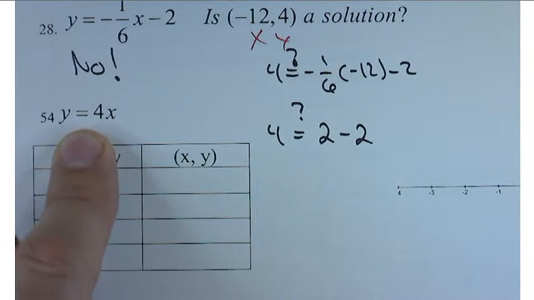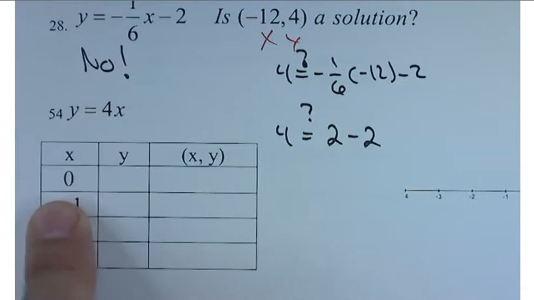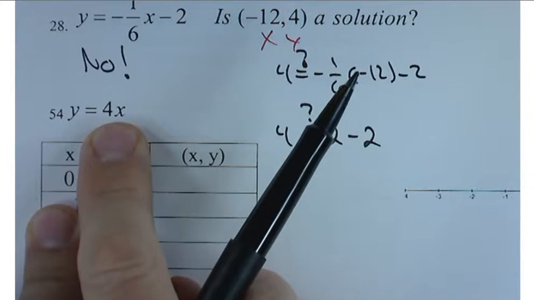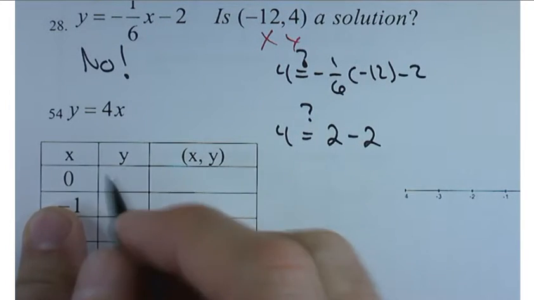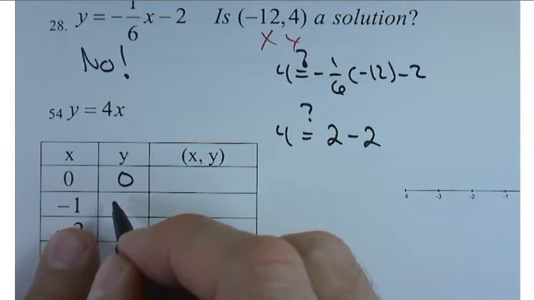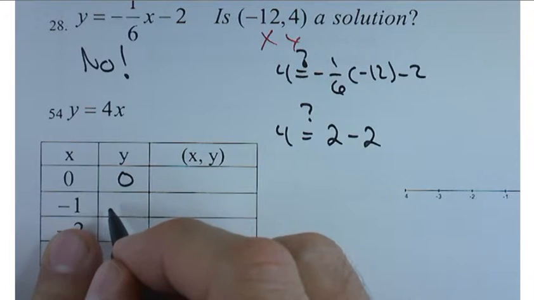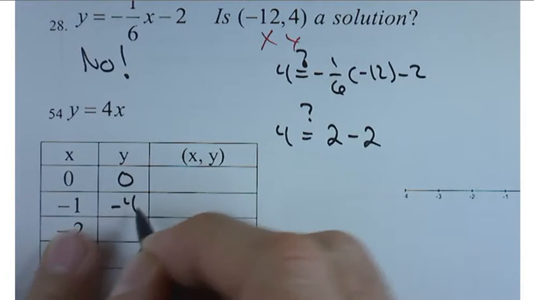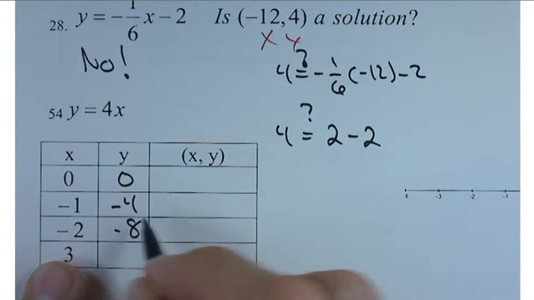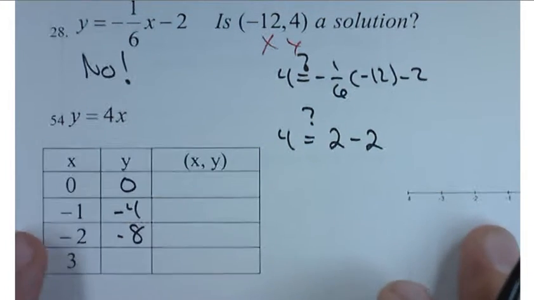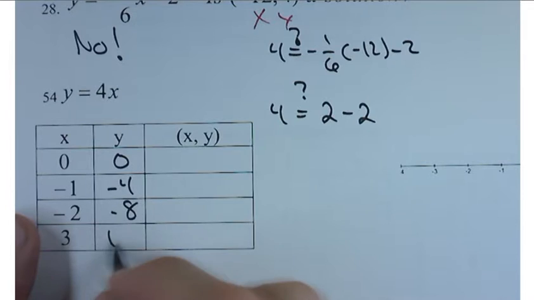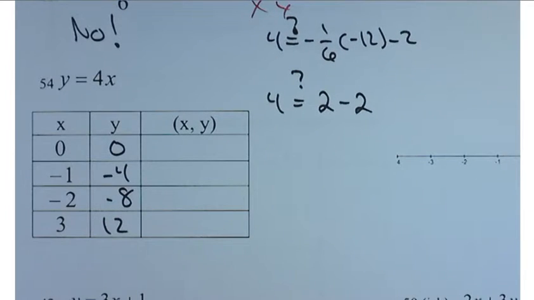So for problem 54, if I plugged in a 0 for x, what would I get for y? -1 for x gives me what for y? -4, -8. What about the last one? 12. Thank you.